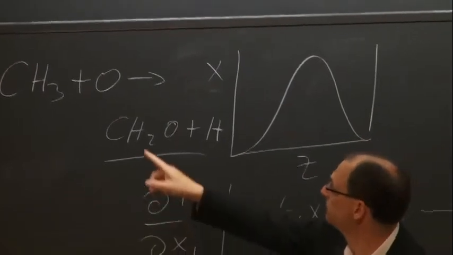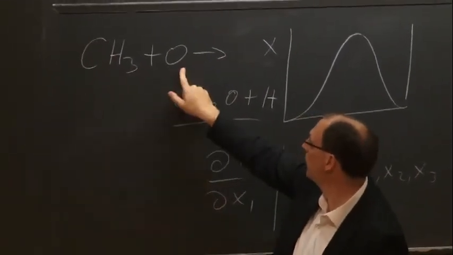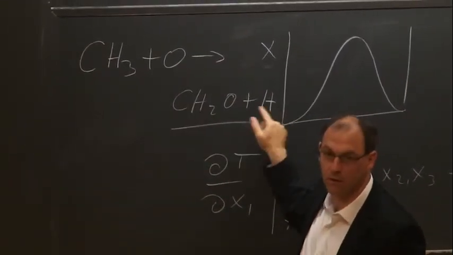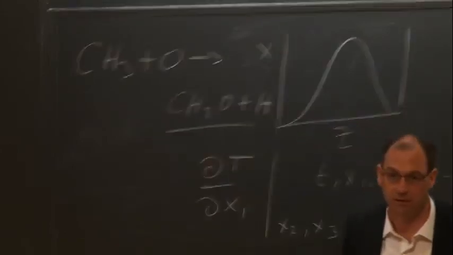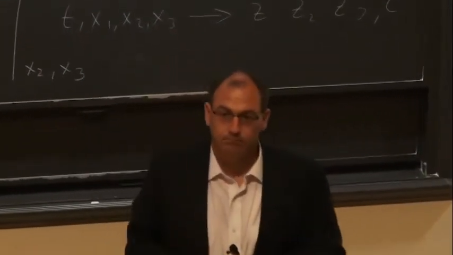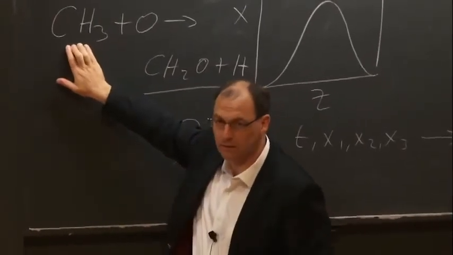So, 1, 2, 3 radicals, 1 radical. You consume 2 radicals in this reaction. Could be that in diffusion flames, on the rich side, the temperature, let's say, is relatively high, and you have different reactions that consume the methyl radical.